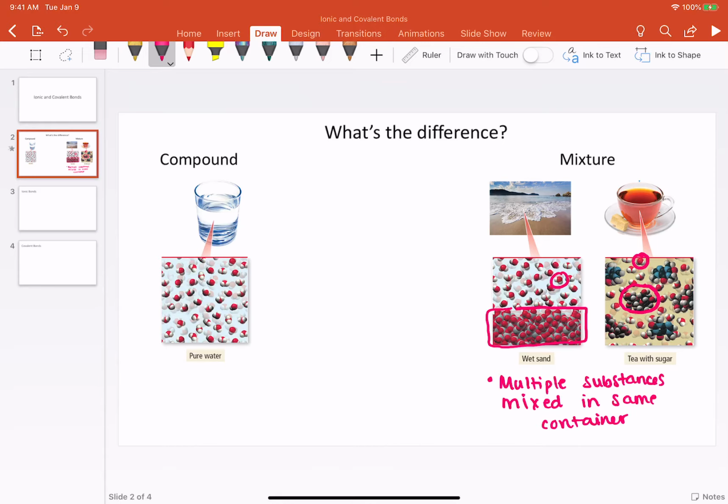That's different from a compound, because a compound is multiple atoms bound together to form one single substance.